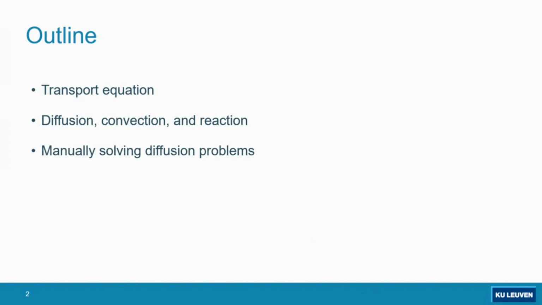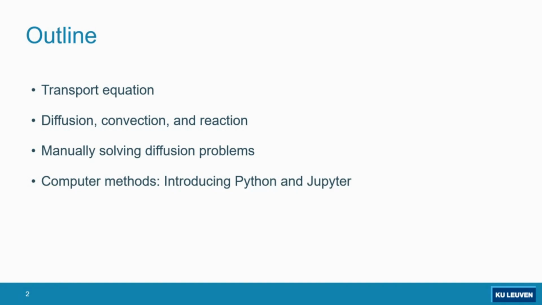And then we will go for solving some of the problems that you saw in the slides in details manually. So as a reference for you to see how they can be solved symbolically, or let's say analytically here. After that, I will introduce you some of the techniques that you can employ for taking advantage of computers in this regard. I will introduce you Python and Jupyter if you're not familiar with that.